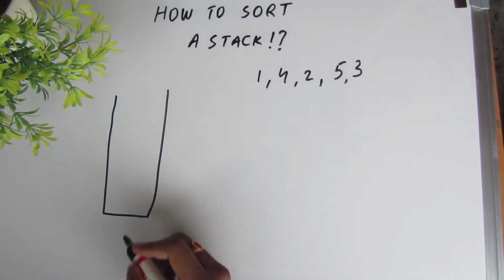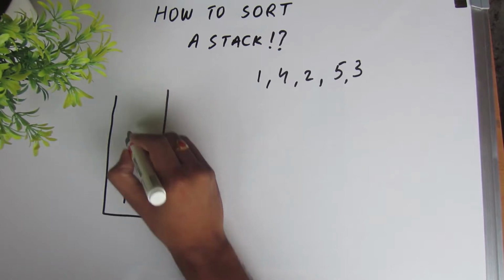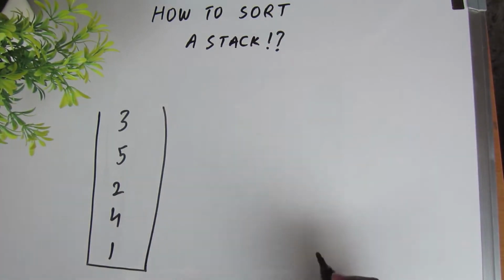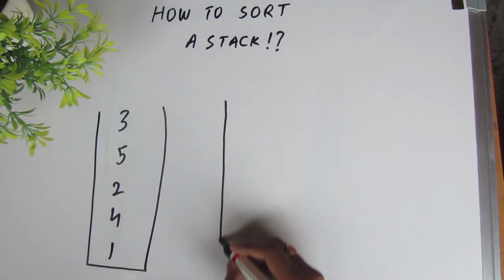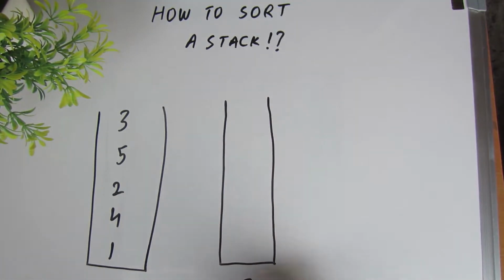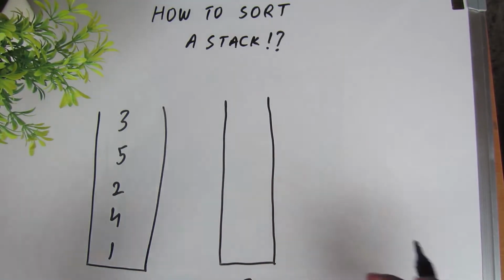After pushing all the elements, the stack will look like this. As we have the choice to use more than one stack, let's say this is stack A and we have another empty stack at the start, and let's call it B. We'll try to use this stack to somehow sort the elements of stack A.